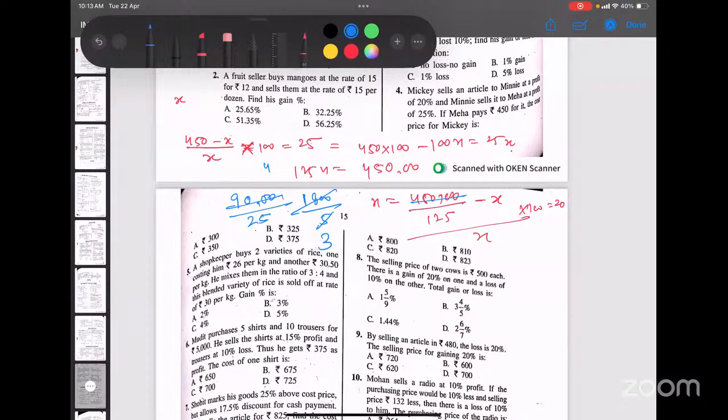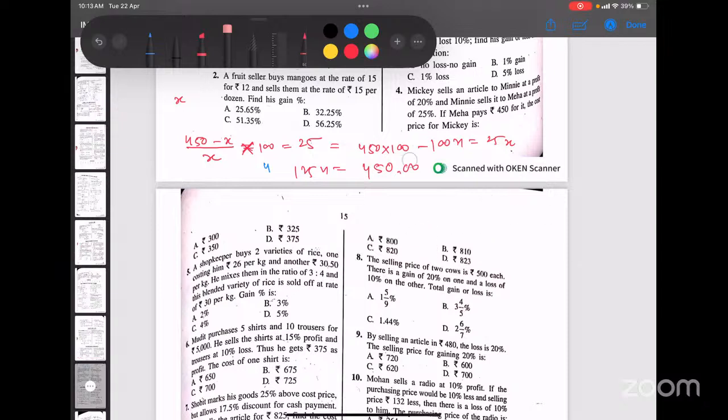This will be how much? 15, 360, which means 360 is the selling price for Mickey, or Mini buys this article at 360.